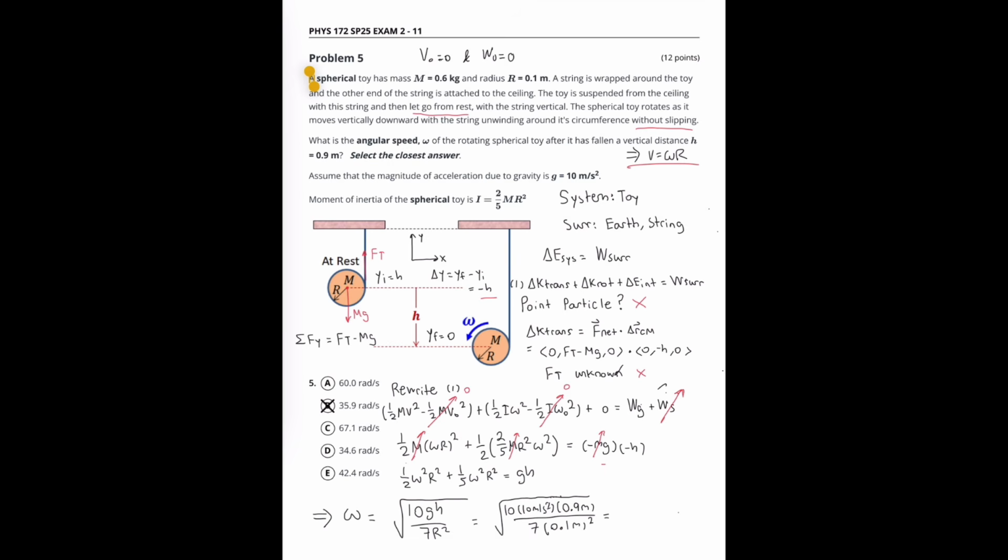And when we simplify that, we get that omega is equal to approximately 35.9 radians per second. And this will correspond with answer choice B.